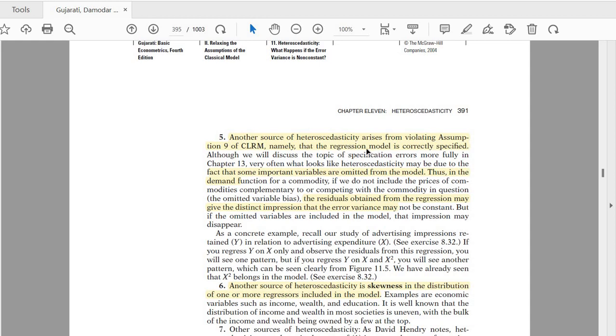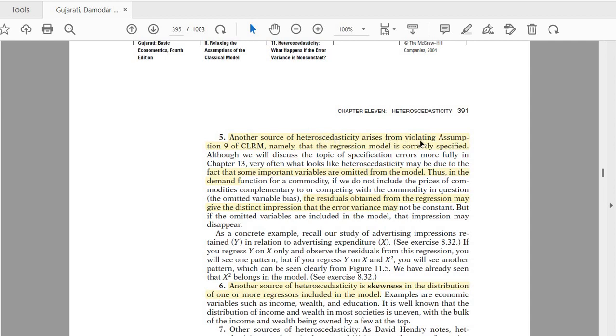So mostly we recommend a linear equation, but it is not necessary that the model should contain all x in linear form. It is quite possible that you may have the square, that is, quadratic form, whereas you are indicating it as a linear form. So that is misspecification. This is one kind of misspecification.